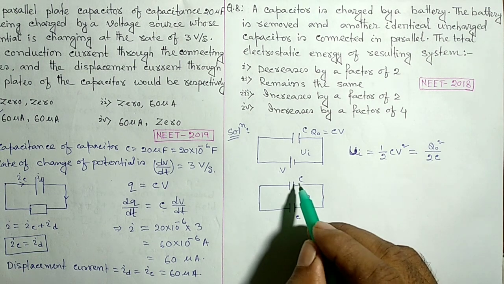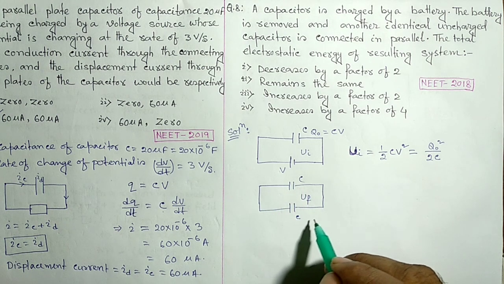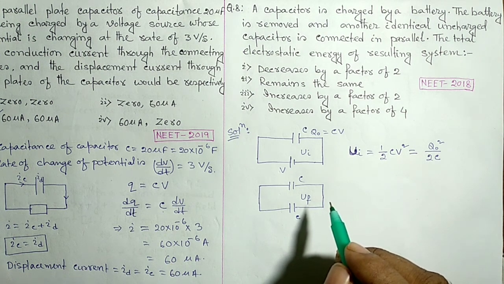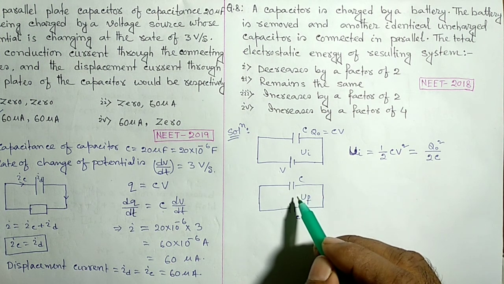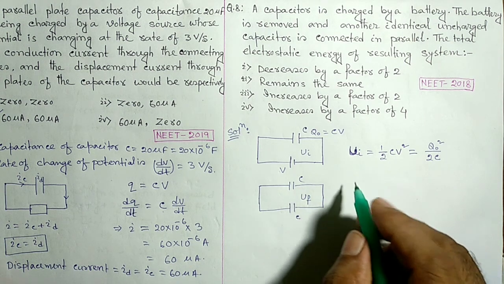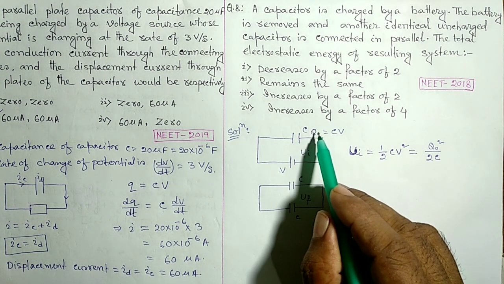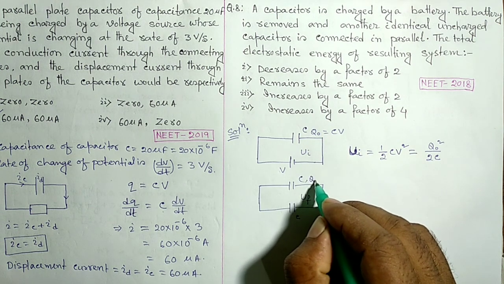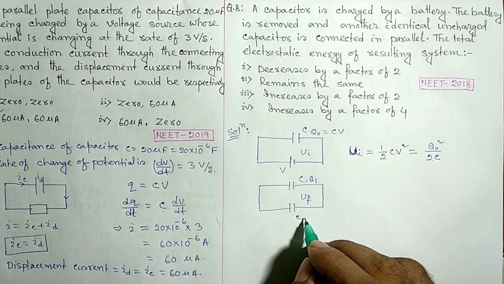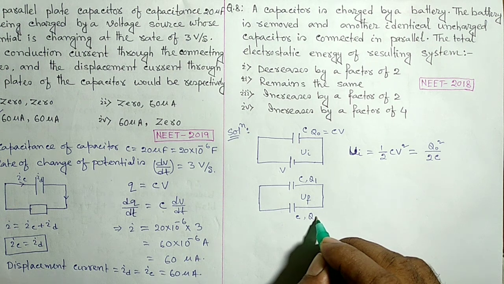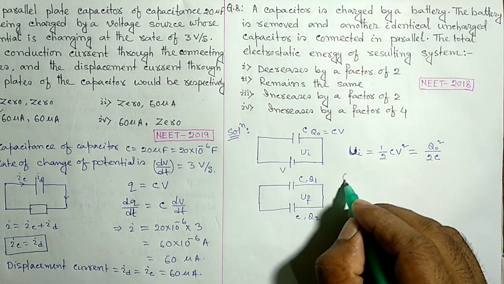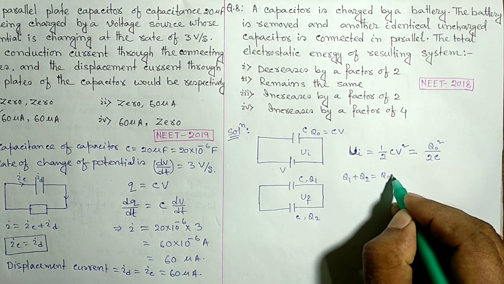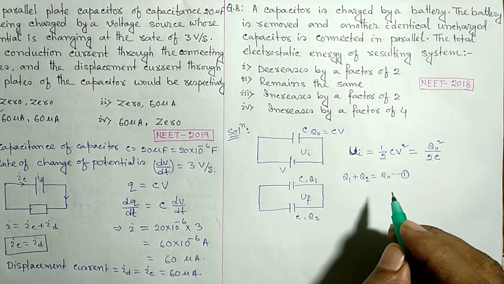When two identical capacitors are connected in parallel, a common potential arises across them, so the potential difference between them is 0. The charge is now distributed over the capacitors. Suppose Q1 charge goes here and Q2 charge goes here. So Q1 plus Q2 is equal to Q naught. This is equation number 1.